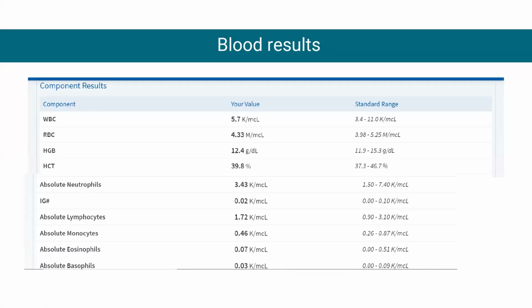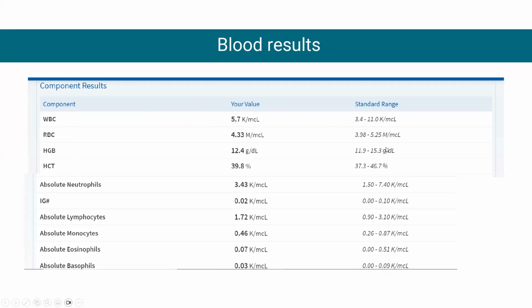For blood results, sometimes you see a chart like this for the patient. White blood cells, this is the total number, 5.7, and this is the standard range, 3.4 to 11. So is this normal or abnormal? Normal. RBC is 4.33. Normal or abnormal? This is normal.